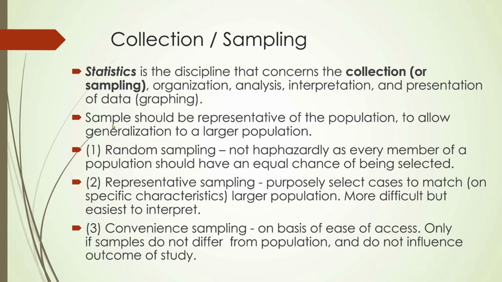Sampling could be further divided into random sampling, representative sampling, and convenience sampling. Random sampling, by its definition, is done randomly. However, it is not haphazard, which means even when carrying out random sampling, you must ensure that every member of the population has an equal chance of being selected.